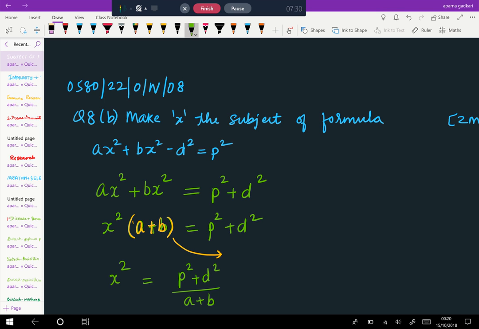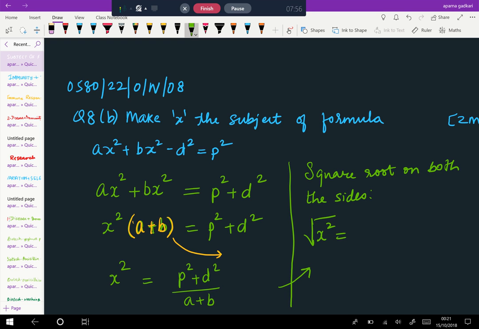Once again what I need is, I just need x, not x square. So I'm going to take the square root on both the sides. So therefore I'll be getting square root of x square equals square root of p square plus d square divided by a plus b.